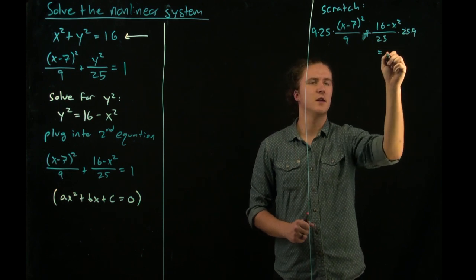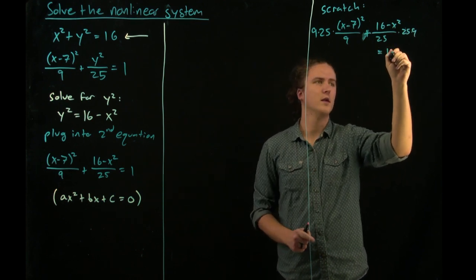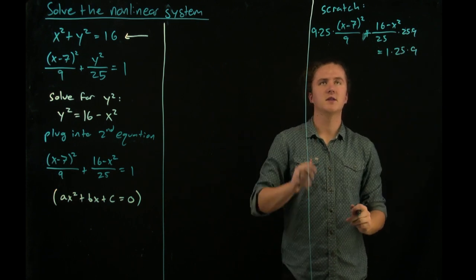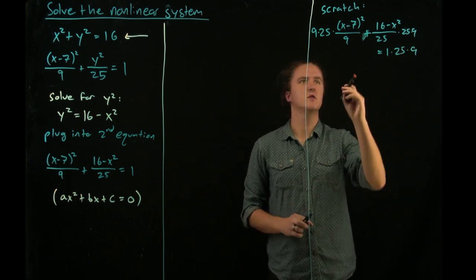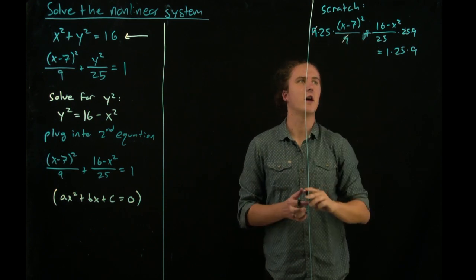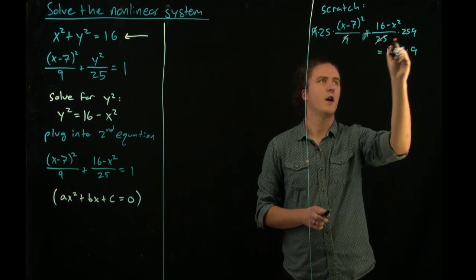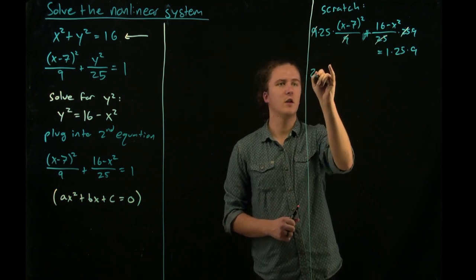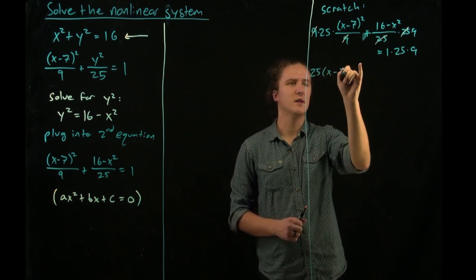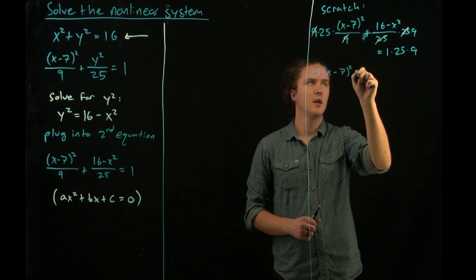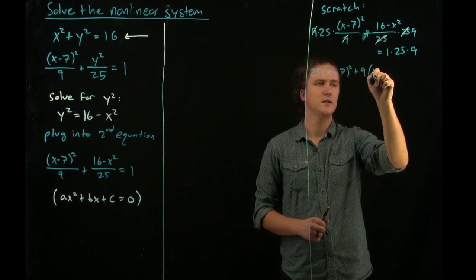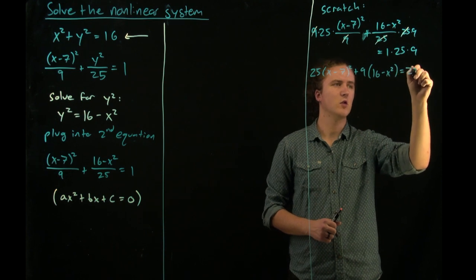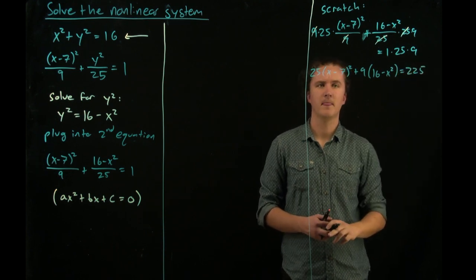All of this is equal to 1 times 25 times 9. And I'll trust that you can do some simplifications. We see that these 9s will divide to 1, these 25s will divide to 1. This becomes 25(x minus 7) squared plus 9(16 minus x squared) is equal to 225.